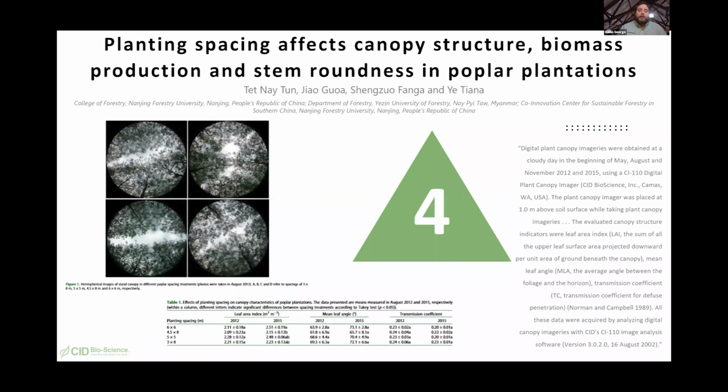So the next study that we looked at is more of a classical forestry application, just looking at plant spacing in a poplar plantation.